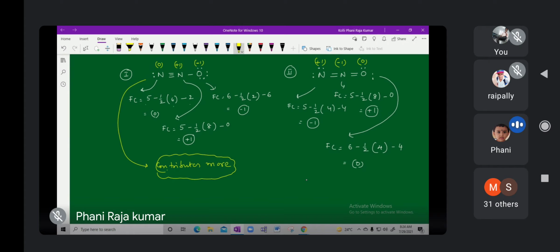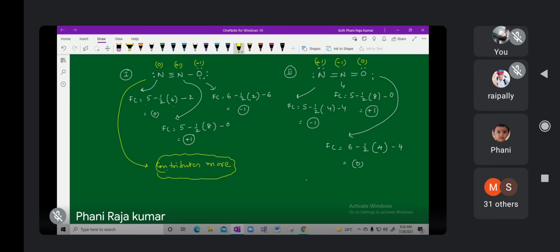Since among nitrogen and oxygen, oxygen is more electronegative, it should carry the negative charge. But in the second structure, even though nitrogen is less electronegative, it is carrying a negative formal charge. That's why the second one is the less contributing structure and the first one is the more contributing structure. So for N2O, generally we write the first structure, N triple bond N single bond O.